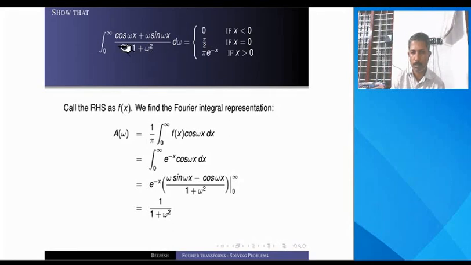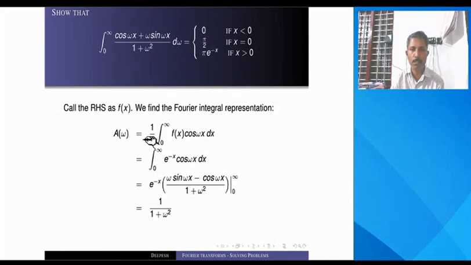So it should be the case that A(omega) has to be 1 by 1 plus omega square and B(omega) has to be omega by 1 plus omega square. So that question itself gives you a hint regarding the values of A(omega) and B(omega).